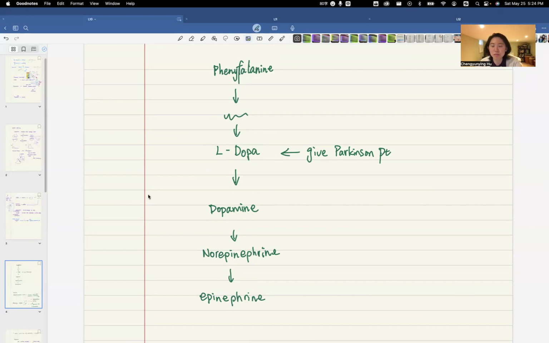That's why we give carbidopa. Carbidopa cannot cross the blood-brain barrier. It will just inhibit the L-DOPA in the peripheral nervous system from becoming dopamine. That makes more L-DOPA move across the blood-brain barrier and leads to more dopamine in the brain.